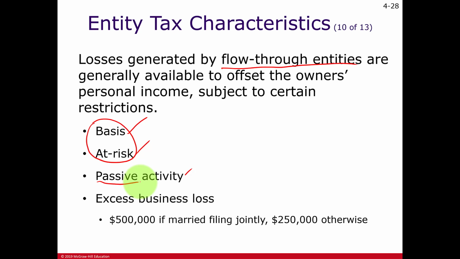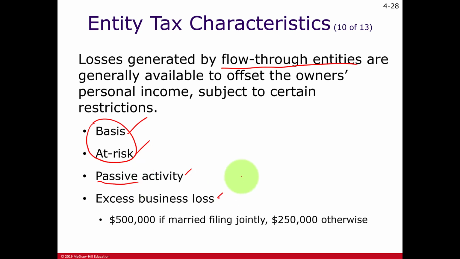If you don't have passive income, you carry over your loss until next year when you hopefully have passive income. If not, you keep on carrying it over to a future year until you sell that passive investment. And in that year, you can deduct all of those passive losses you have not used. Again, we'll see this calculation or examples in a future chapter.